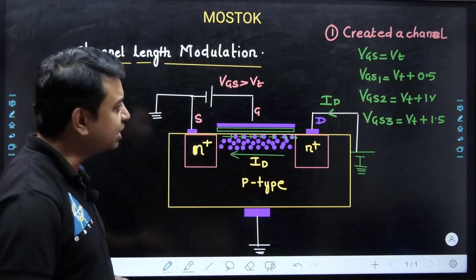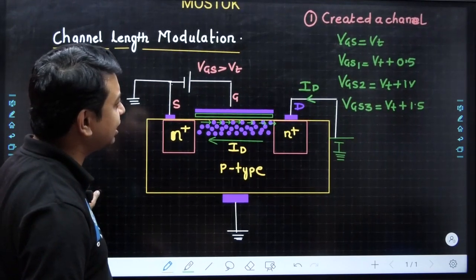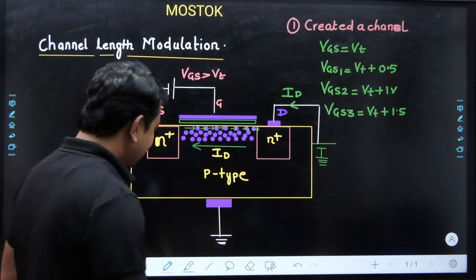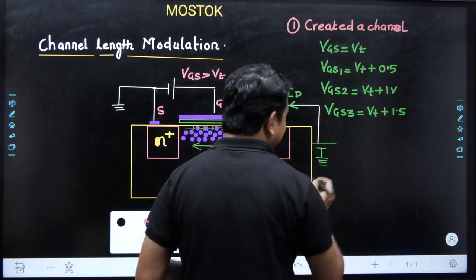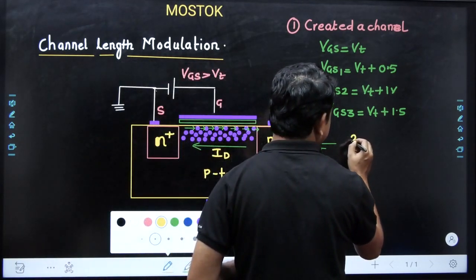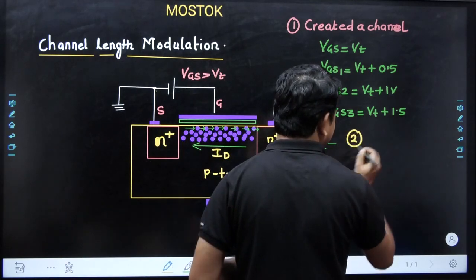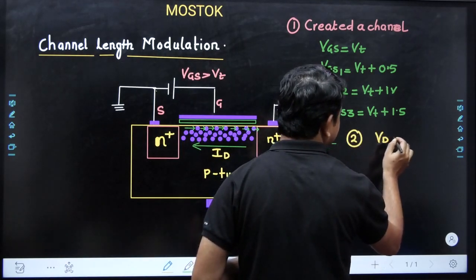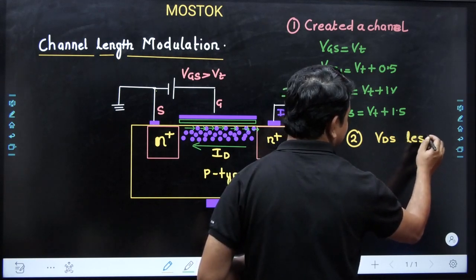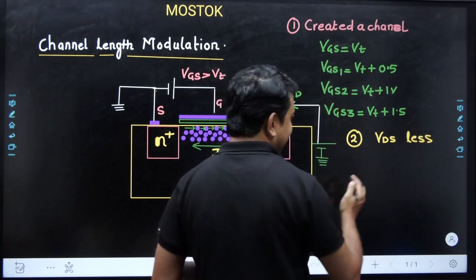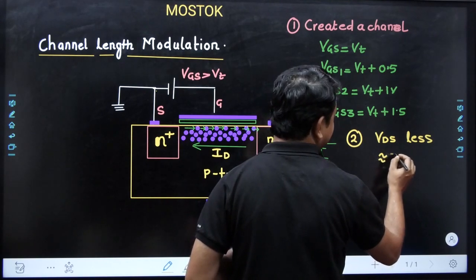Now what is the next task? After creating the channel, our next task is to have current inside the MOSFET. For getting this current, this is the second thing: we have to apply a potential at the drain to source terminal. This potential may be small or may have a large value. Small means approximately 50 millivolt.